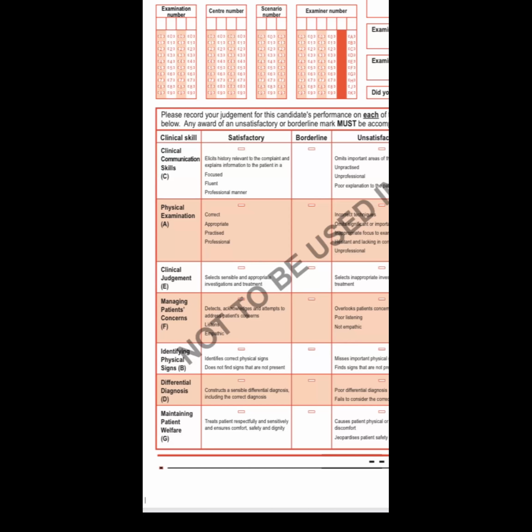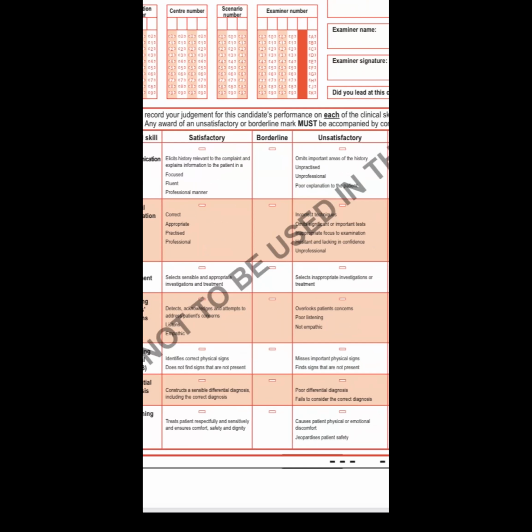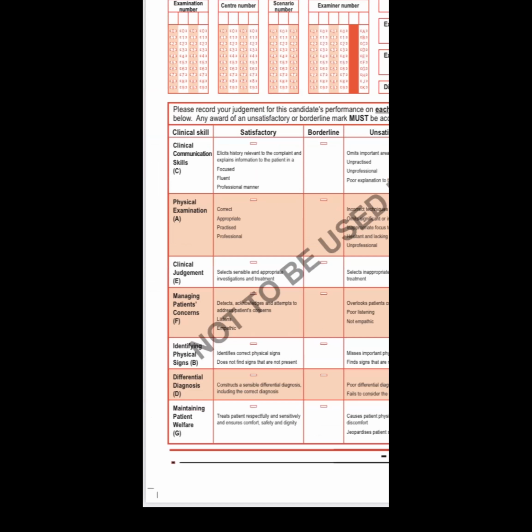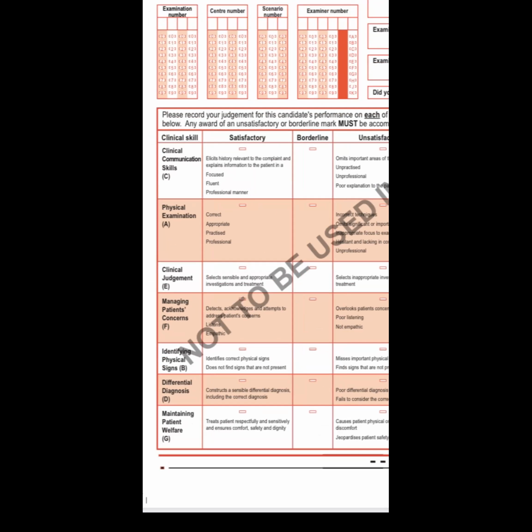By the way, some people might tell you that if you mention a positive finding which is not there, this will cause you to fail the exam, which is totally incorrect, because inventing a sign, as you can see here in this paper, will affect only the identifying physical sign skill.